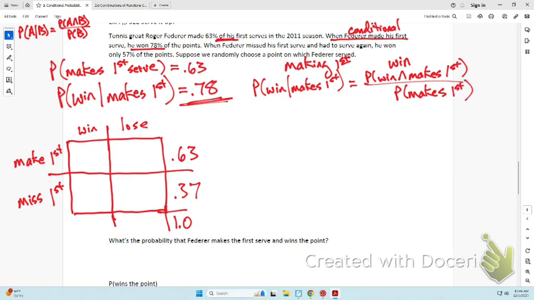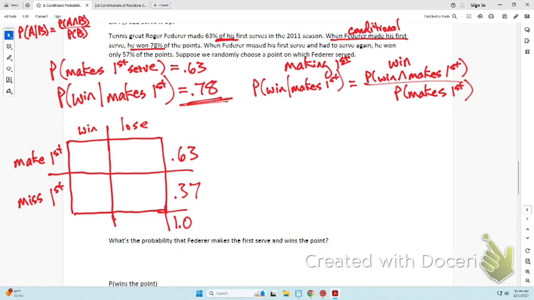So that's my formula. I just took what I wrote in the top left of the screen, A given B, and I translated it to this problem. Win given makes equals win and makes divided by makes. All right? So far I haven't done anything, hopefully, that complicated.